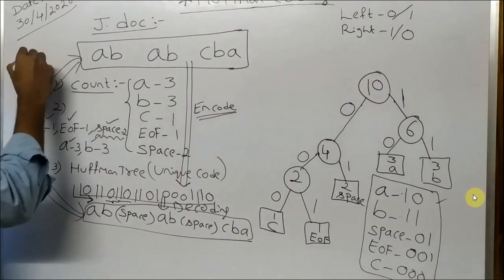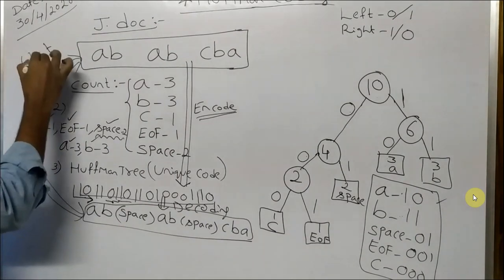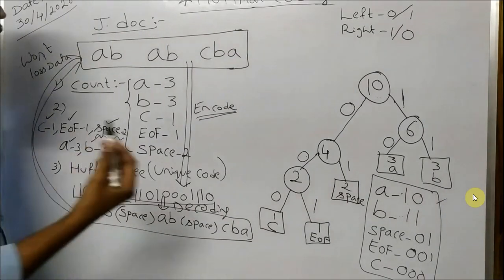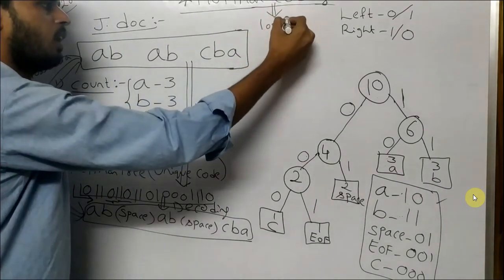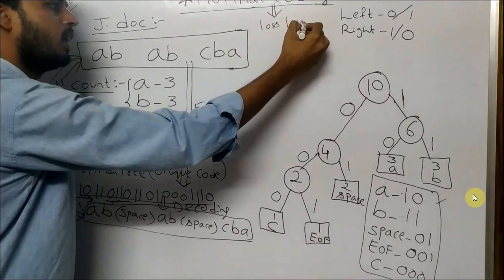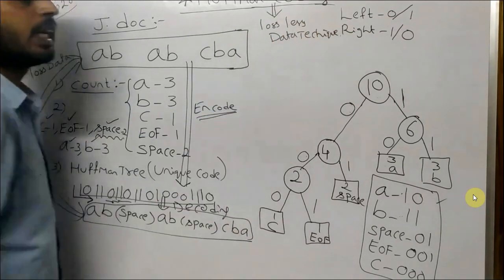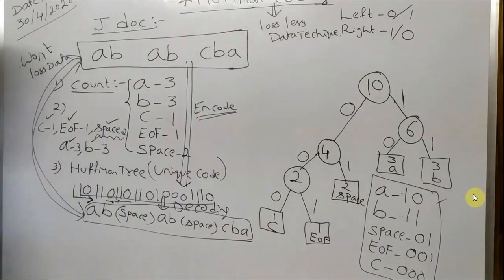So it won't lose any data. So the Huffman coding technique is also called a lossless data technique. We are not losing any data, so we are calling it a lossless data technique. Okay, fine.